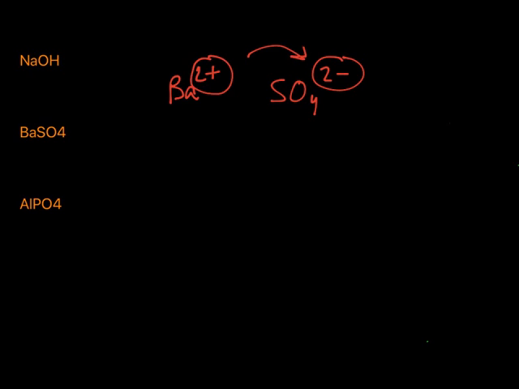Okay, so let's do now barium sulfate. Barium is going to have a 2+ charge when it's in an ionic compound, and SO4, which is a sulfate ion, is going to have a 2-. These 2 electrons came from the donation of the barium to the SO4. Let's take a look at the Lewis structure of SO4 2-. Sulfur has 6 valence electrons, and oxygen has 6 valence electrons.